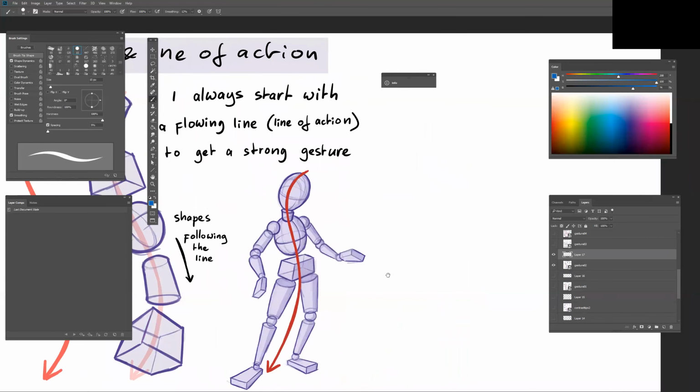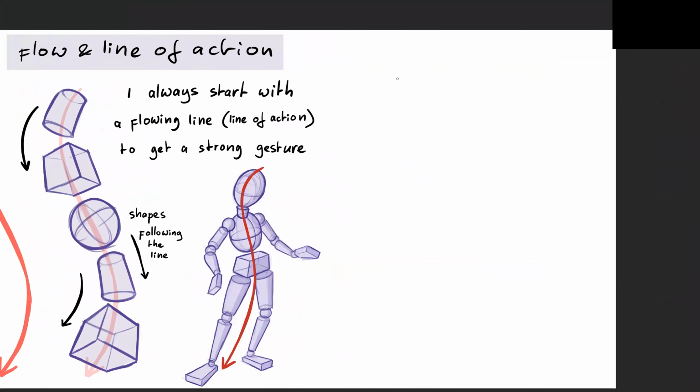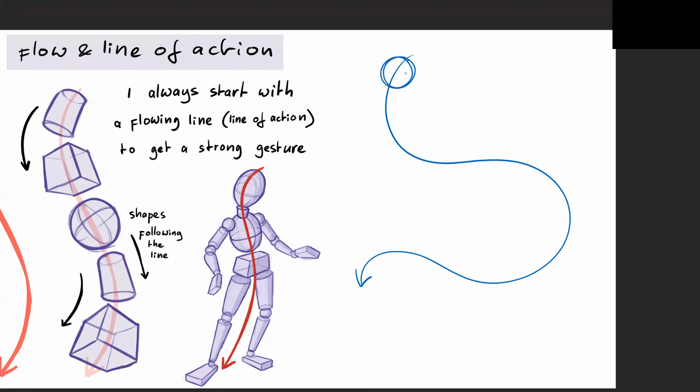And for people who are new, a really good exercise is to draw a crazy line and then draw a sphere, and also use these perspective guides and draw a cylinder and try to follow this shape and try to get this 3D feeling in it.